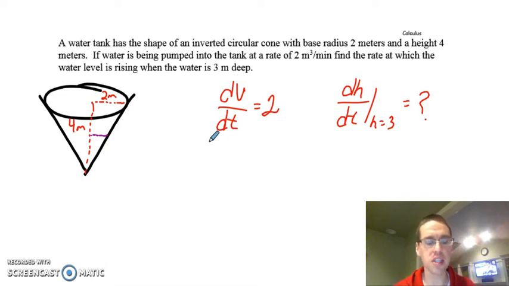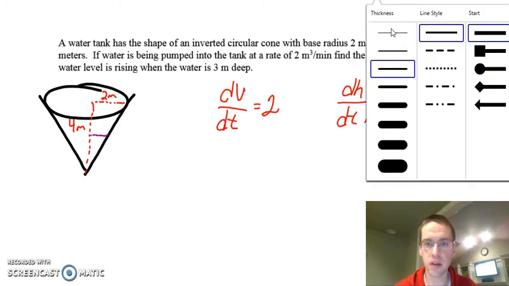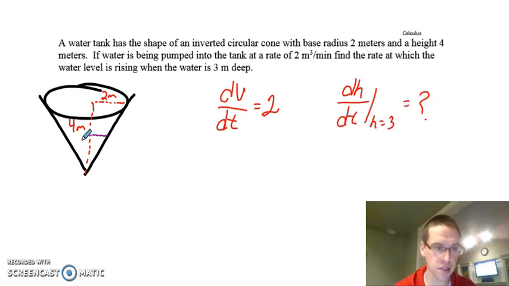Now, most of the time when you see a cone, the one thing you're going to have to know is that you're going to have to look at similar triangles, because what happens if this height right here was 3? We need to find that r value.